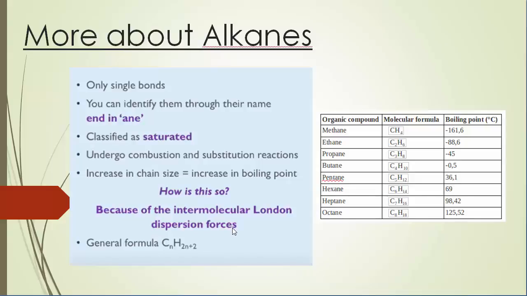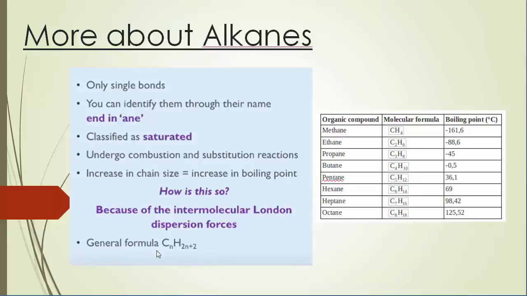We know dispersion forces increase with mass. If we compare octane with methane, we can see the boiling points increase from minus 160 to over 125. This is a huge increase in the dispersion force.